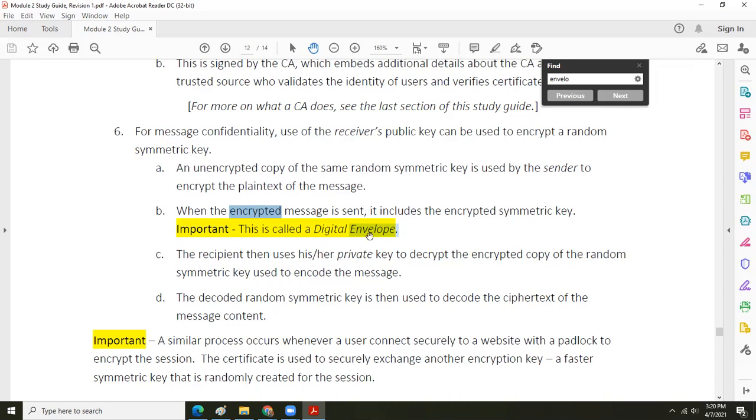And then when you create the digital envelope to send it to me, you encrypt the symmetric key you used to encrypt the message with your private key. So now there's a copy of an encrypted key that's also used to decrypt. So when it gets to the other side, I take your public key, I decrypt the symmetric key so I can use it. Then I decrypt the message.